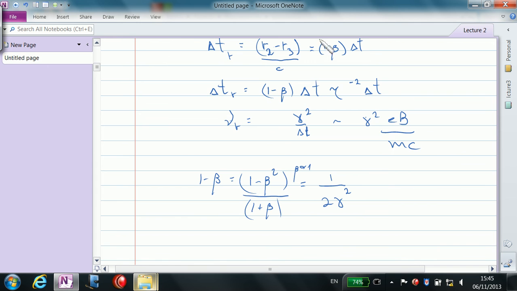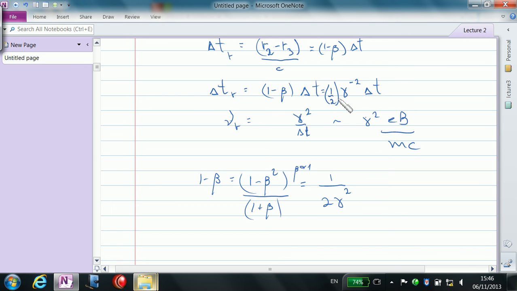Right, 2 gamma squared to the power of minus 1. In other words, I had it right the first time. 1 over 2 gamma squared. There we go.